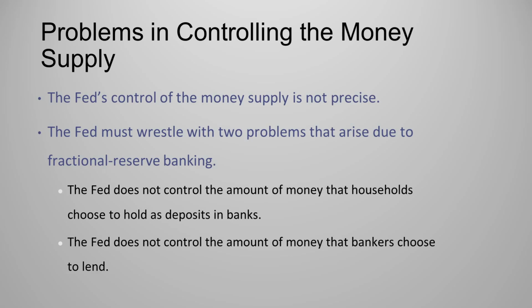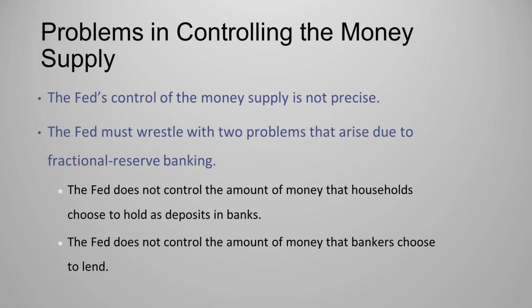Once they set the reserve ratio, they cannot control how much money the commercial banks give out as loans. The commercial banks just have to follow the rule, which is to keep as much money as required as reserves, and they can lend out the rest, and they can also decide if they want to lend out less money.